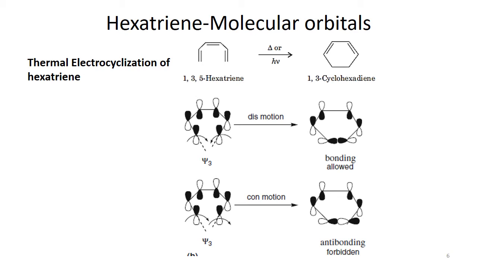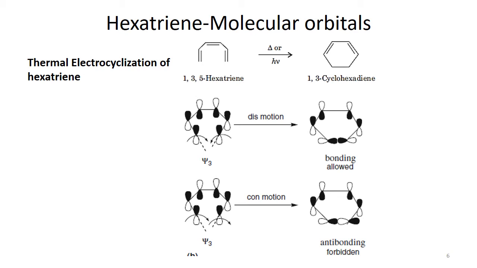Okay, talking about disrotatory motion, when the orbitals on the terminal carbon atoms move in the opposite direction, then psi3 has perfect alignment to make a sigma bond. It does look like thermally this disrotatory motion should be allowed.